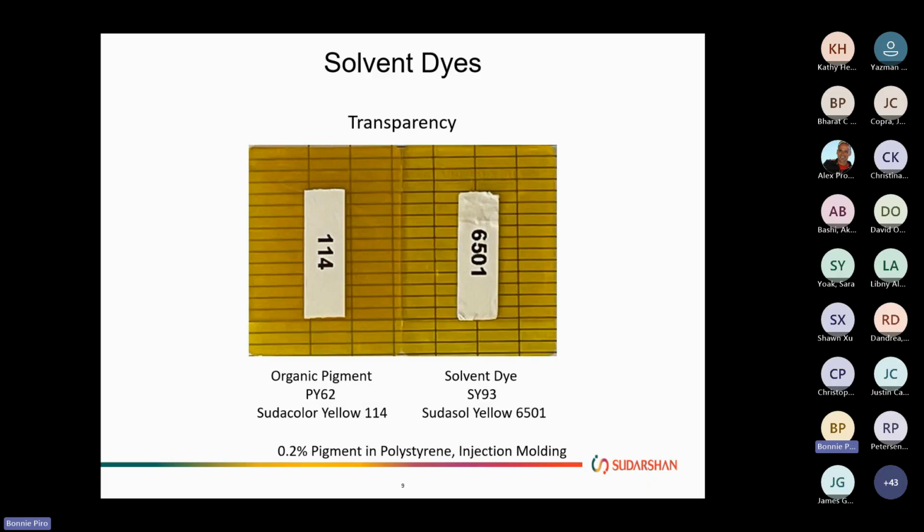When we get to the yellow side, because yellows themselves are light in color, they will have a better transparency when it comes to pigments, but still we can see a significant difference between the solvent dye, in this case a solvent yellow 93, versus a straight pigment yellow 62.